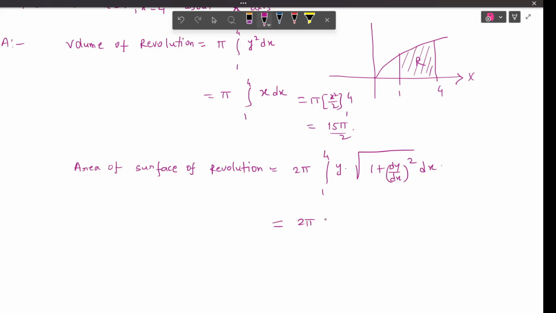Now this is 2 pi integration 1 to 4, y is root x.